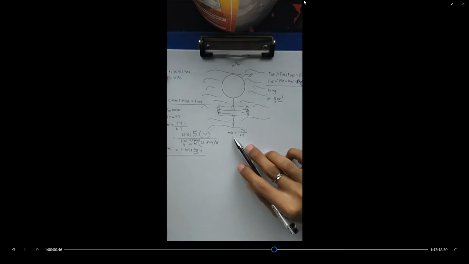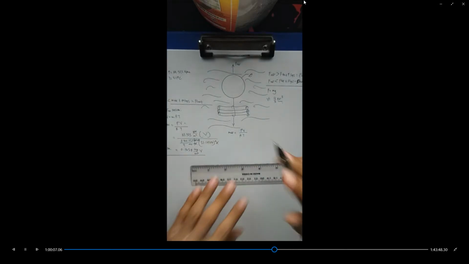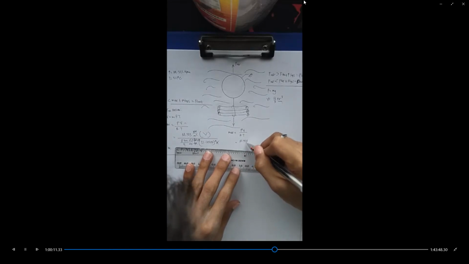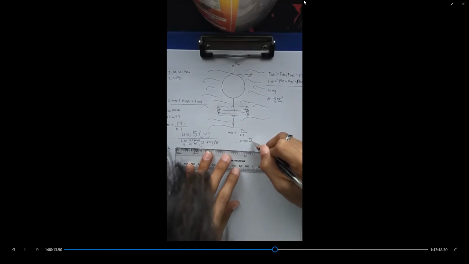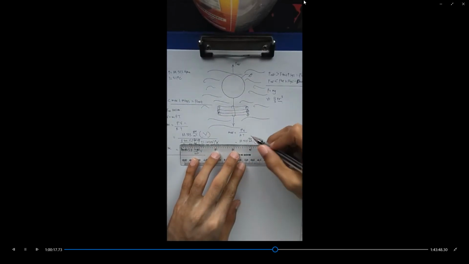But just like I've said, the mass of air will be directly proportional to the volume of our balloon. Now, solving for our mass of air, pressure is 101.325 kilonewtons per meter squared, that will be kilopascals, times the volume, because that is what we are going to solve for.